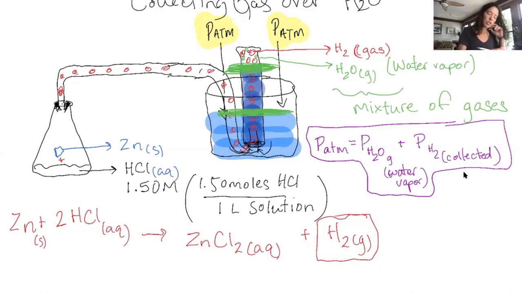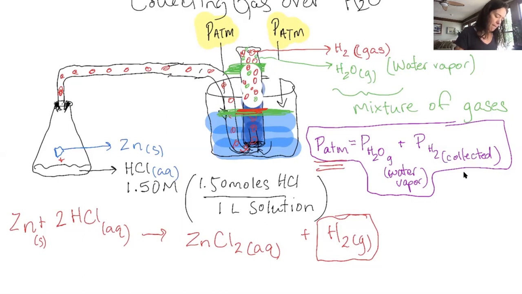So maybe I should redraw or do some erasing of my water and put the gas. Here's some of my water vapor, and then we'll put some more of this gas in there. Okay, so these need to be equal is all I was saying, because then it is true that this pressure is equal to those two added up.